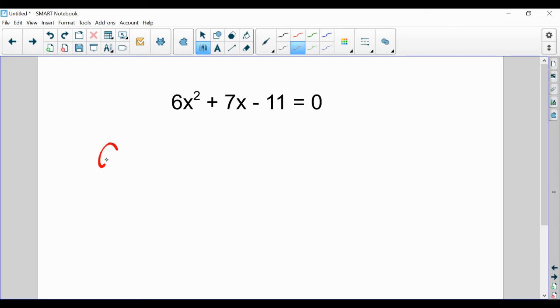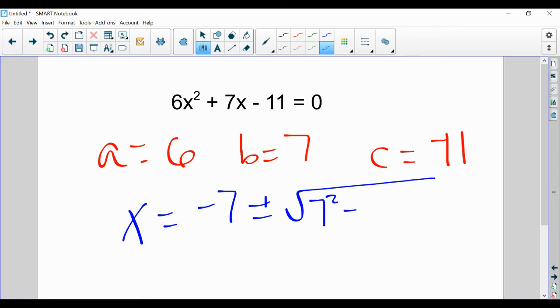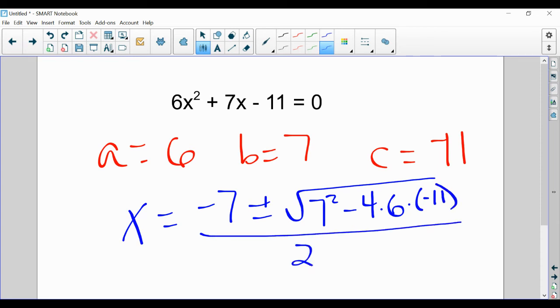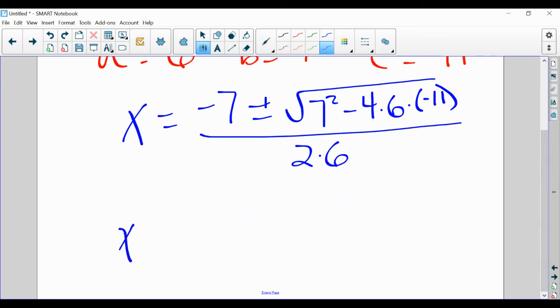Okay, so just to make sure I'm clear, a is 6, b is 7, c is negative 11. And x is equal to negative 7 plus or minus the square root of 7 squared minus 4 times 6 times negative 11 all over 2 times 6. Okay, let's clean this up.